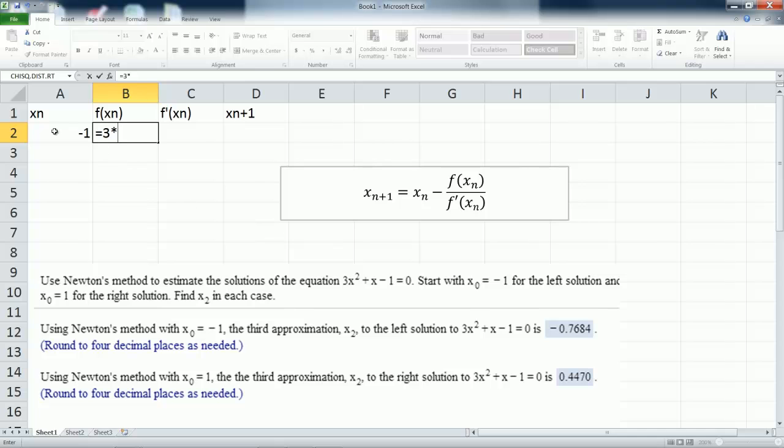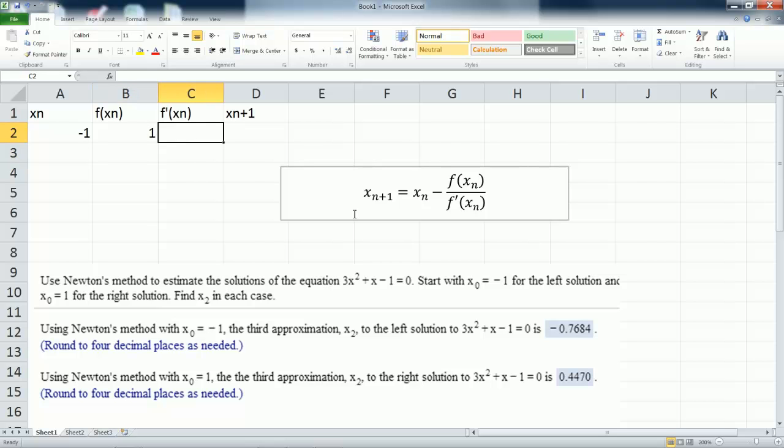Well, instead of typing in a negative 1, I'm going to click on that cell because that way when I change it, it will update my formula. Squared plus x, minus 1. So this is 3x squared plus x minus 1, this formula, where I'm just referencing cell A2. So I hit enter and I get that answer.